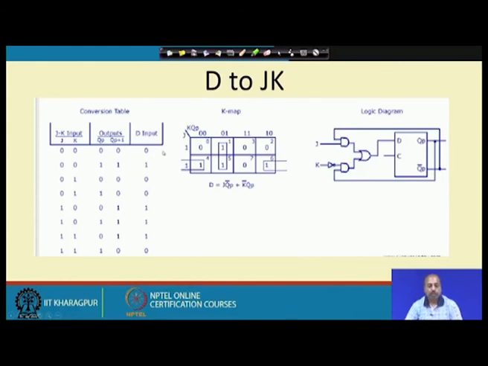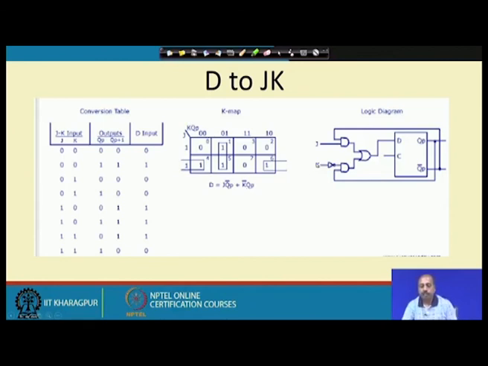Now, we make a truth table out of J, K and QP for the D, and if you do a simplification, you find that D equals J QP bar plus K bar QP.